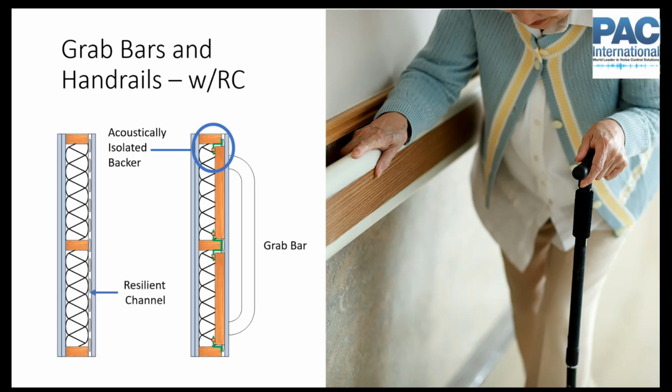For handrails, I think it's a 200-pound load at a connection point in any direction, up, down, out, whatever it may be. And I think for grab bars, it's 250 pounds. I might be slightly off in those, but there's these specific things. So you need to make sure that whatever you're mounting it to gives you that acoustic isolation, but also can take those loads. And so there are products out there that allow you to do that.